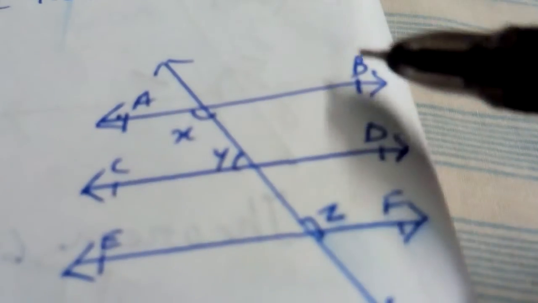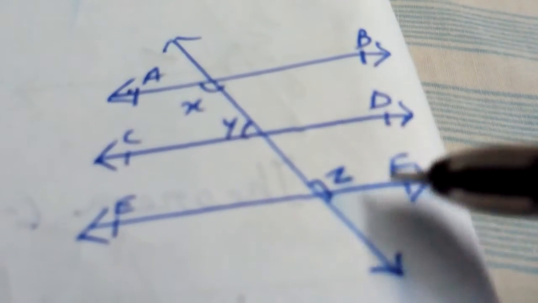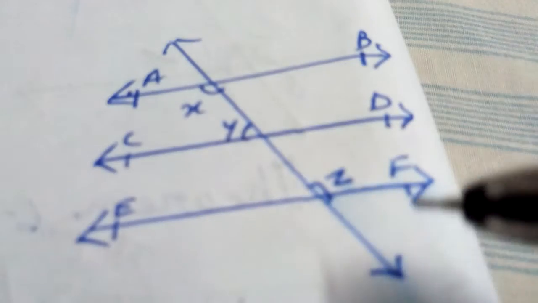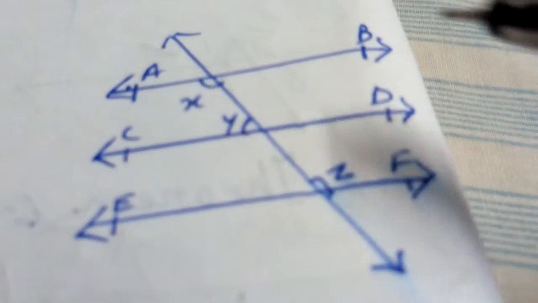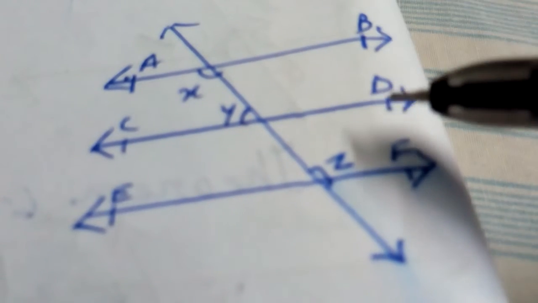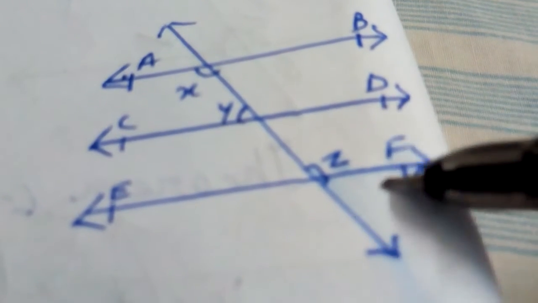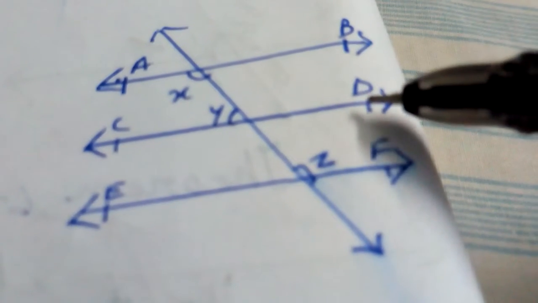Given that AB parallel to CD and CD parallel to EF, so AB is parallel to EF, because lines parallel to the same line are parallel to one another. AB and EF are both parallel to CD.